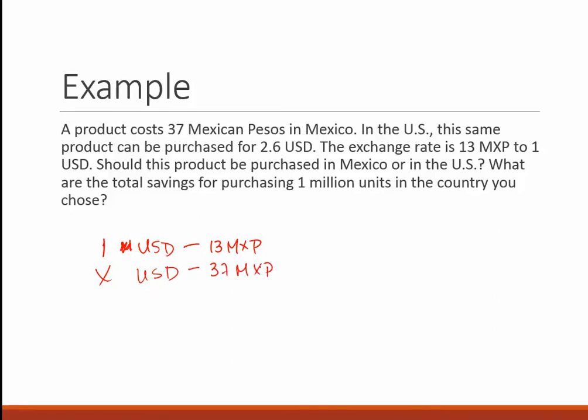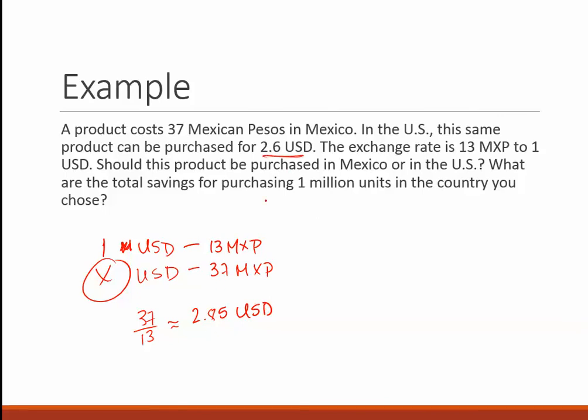And this quantity is going to be compared to those $2.6. If we do this, we're going to end up dividing, so 37 times 1 divided by 13. 37 divided by 13 gives me approximately 2.85 US dollars, which means that right now this item is cheaper in the US.